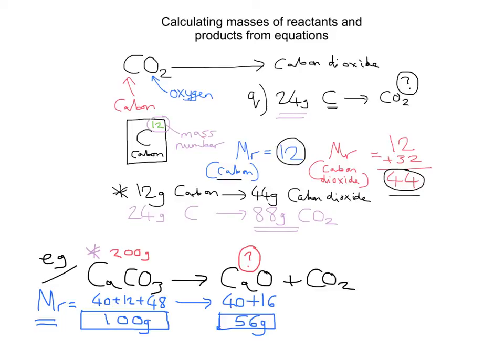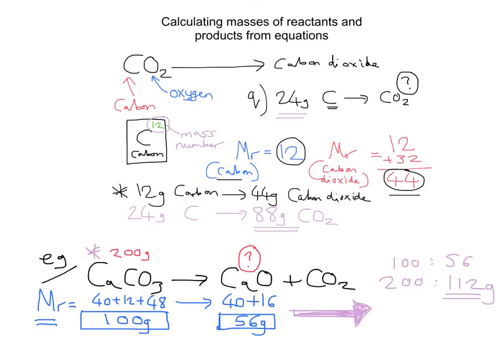So if 100 grams of calcium carbonate produces 56 grams of calcium oxide, 200 grams of calcium carbonate, which is double, must produce, I'll just quickly do this by ratio, 56, so 200 must produce 112 grams of calcium oxide.